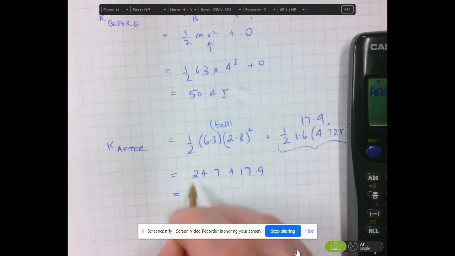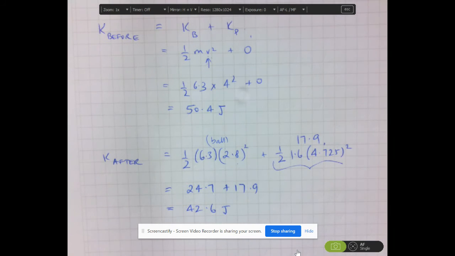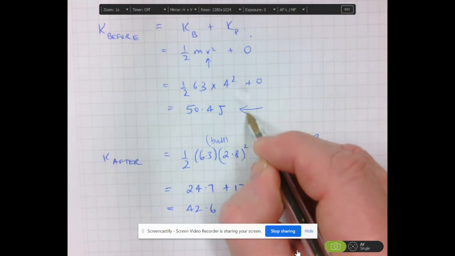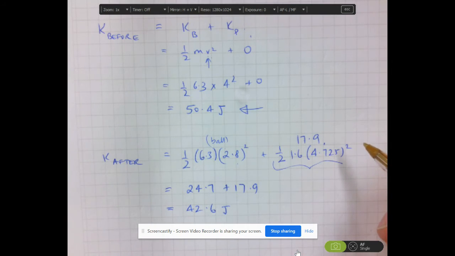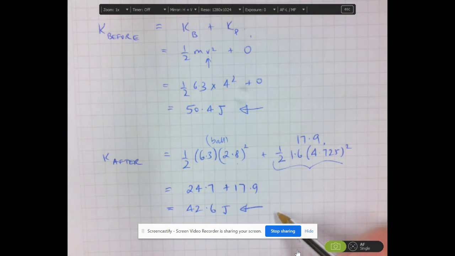And that becomes 42.6 joules. Okay, so you'll notice that before it was 50 joules total, 50.4, and after the collision we have 42.6. So kinetic energy is not the same before as after.